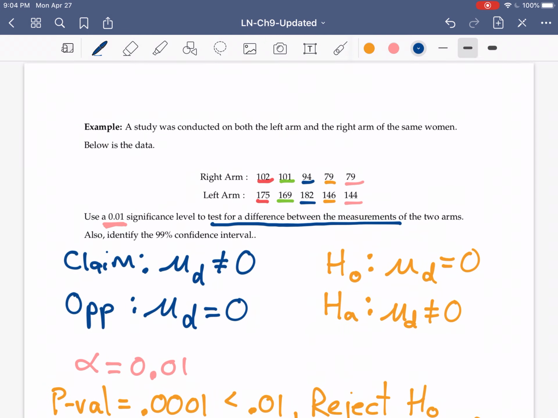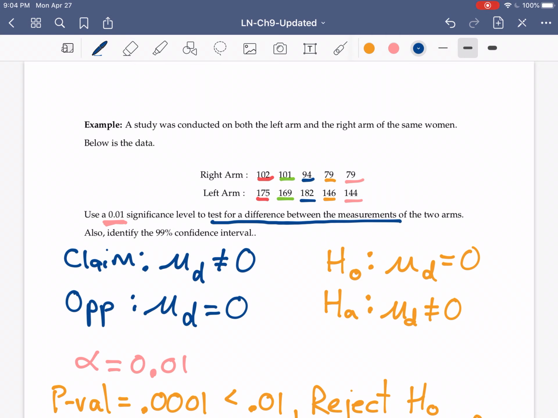So your blood pressure in your right arm appears to be less than the blood pressure from your left arm. That might seem a little bit odd, but if you think about proximity to the heart, it makes sense that you would have a greater blood pressure on the left side as compared to the right side.